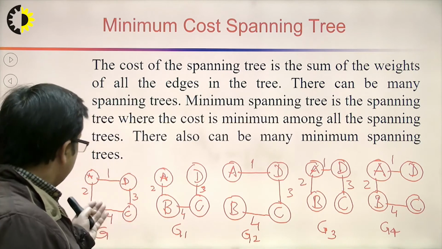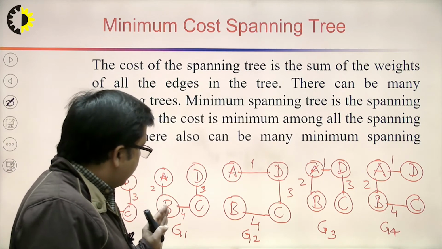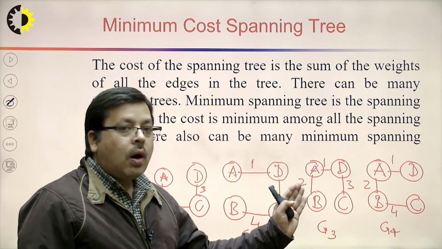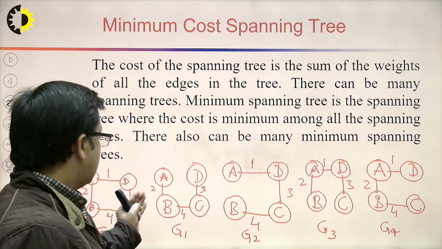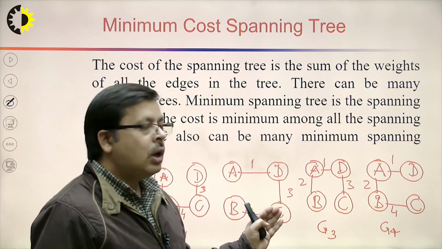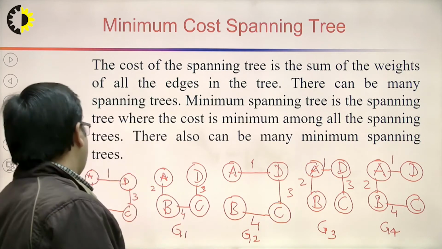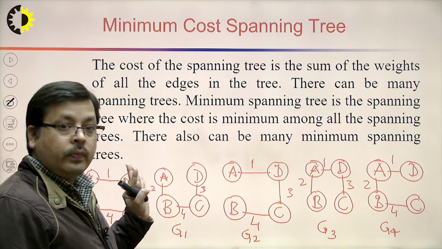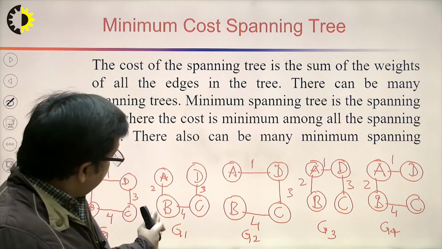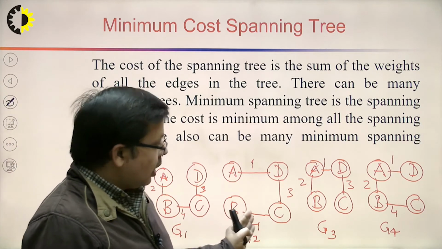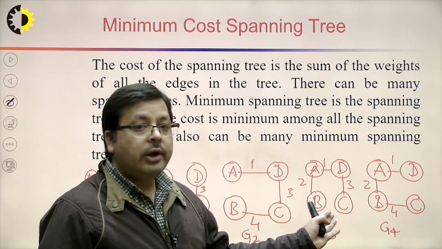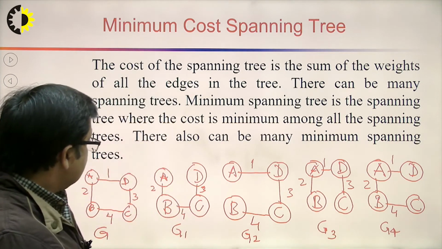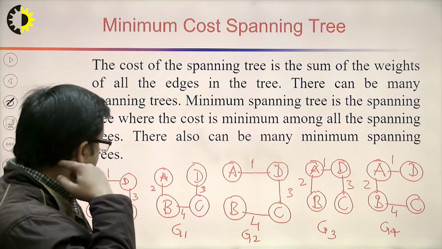Now you can see these 4 are all variants of this particular graph. These 4, G1, G2, G3, G4, are all subgraphs of the given graph G. All 4 subgraphs have the nature of a tree, that means a spanning tree, and we can see the weight of each individual tree.